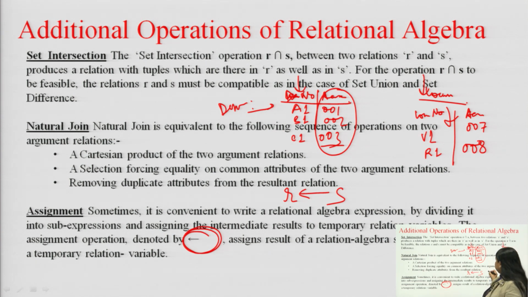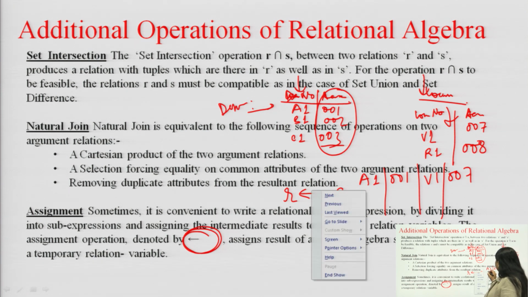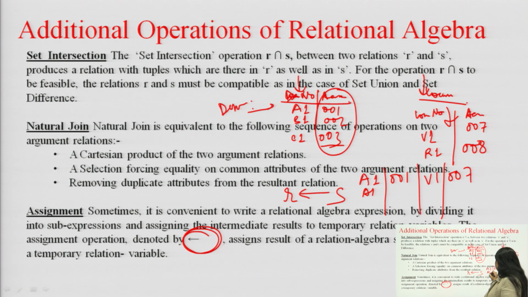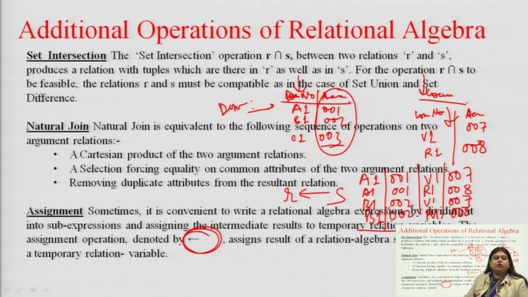We will have this particular table: A1 001, V1 007, then again A1 001, R1 008, then B1 002, V1 007, then again R1 008, and this will continue until we combine all the entries in both the tables. So, this is how we use the Cartesian product.